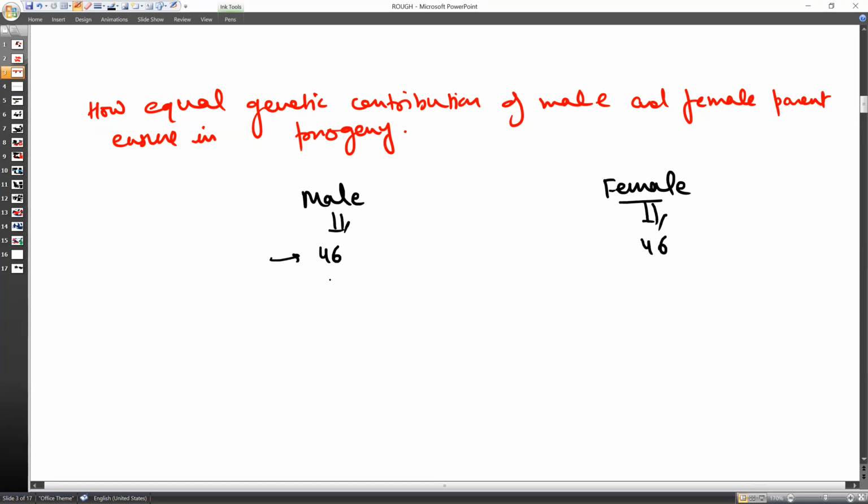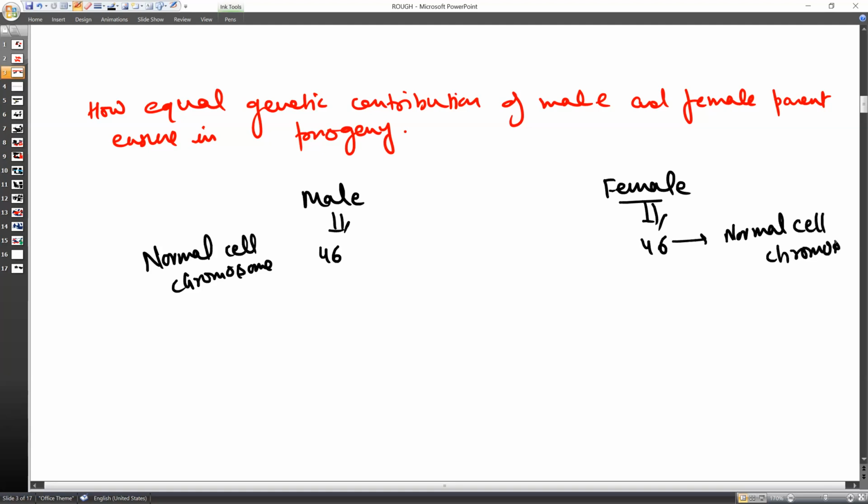These are the normal human chromosomes in normal cells, which we call somatic cells. But you need to understand this.